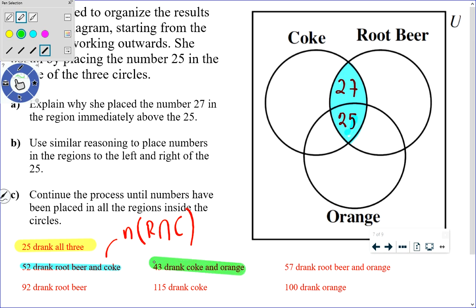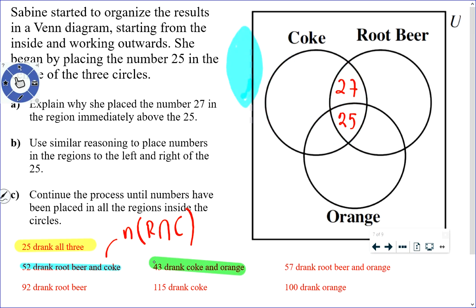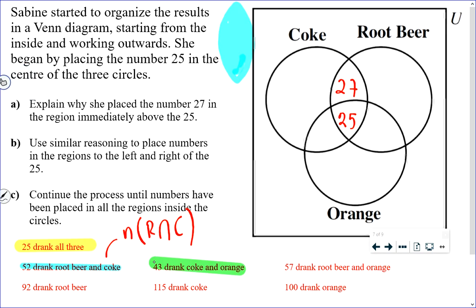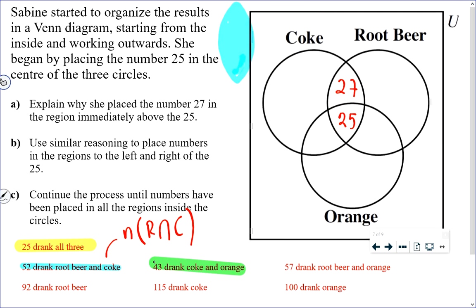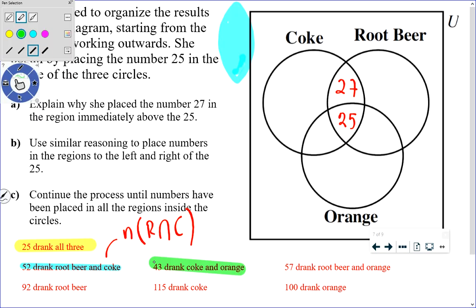43 drank Coke and orange. What that means, and I'm going to have to get rid of my shading here because the colors mix and give us yellows and stuff, which I don't want. 43 drank Coke and orange. Well, Coke and orange is the intersection of Coke with orange, which is, there we go.